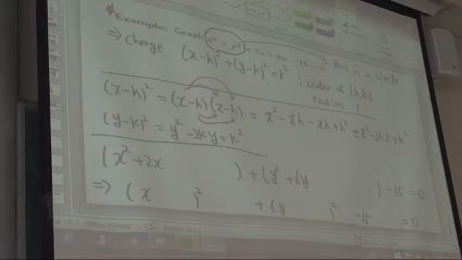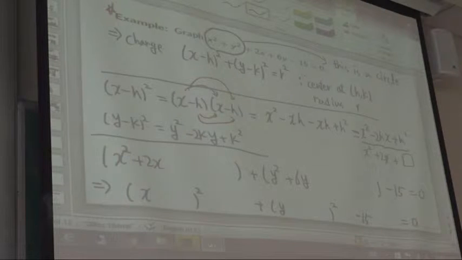So x squared plus 2x. Let's compare with this one: x squared minus 2hx plus h squared, which we can make into the perfect square, right? Negative 2hx should be the same as plus 2x. So if we compare, we have x squared plus 2x, but we need something more here to make the perfect square, isn't it?